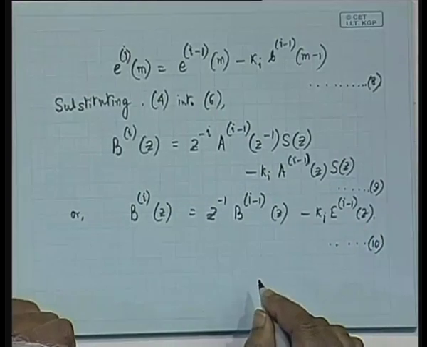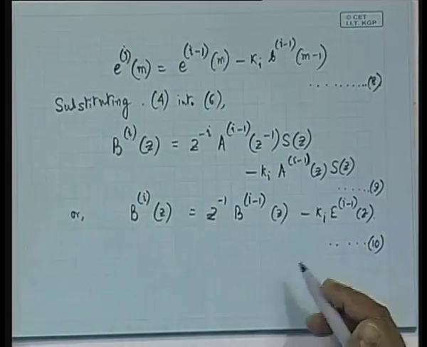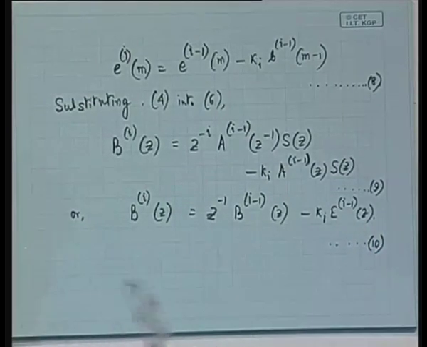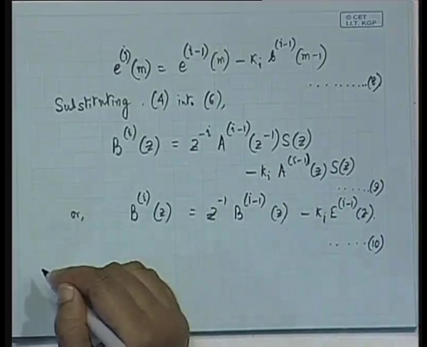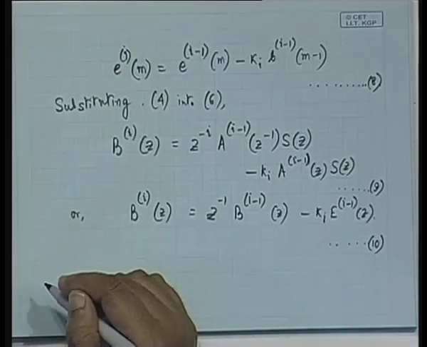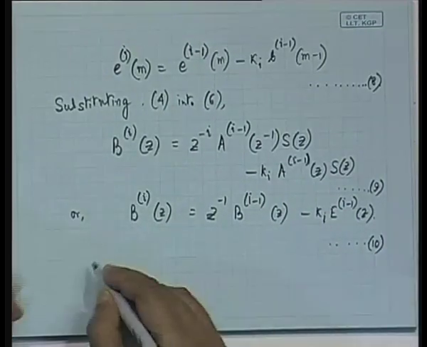So, even in the z domain you can identify what we are trying to do. It is the ith backward prediction error that we are expressing in terms of the I minus 1th backward prediction error and the I minus 1th forward prediction error.